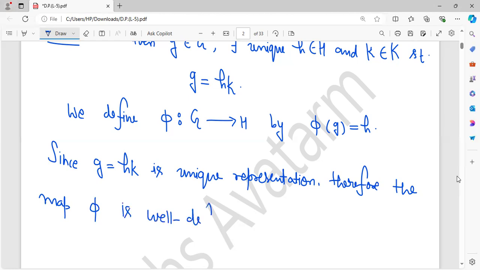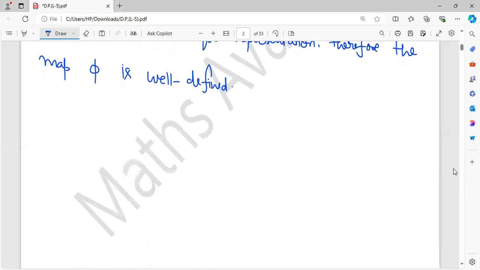Now we'll show that this is a homomorphism, onto, and its kernel is K. Then by the first isomorphism theorem of groups, G quotient K will be isomorphic to H. So this is the idea.